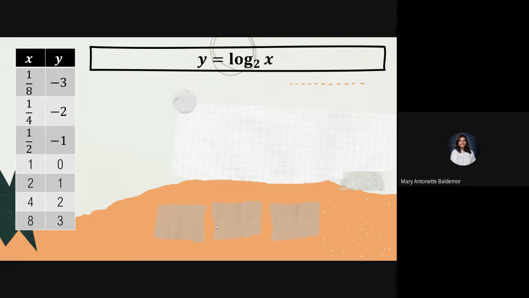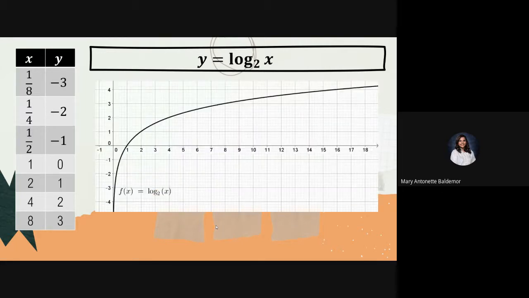Now, the graph looks like this one. As you can see, here's the graph of f of x equals the logarithm of x with base 2. If we're going to describe this one, the graph is increasing, and the graph is also asymptotic to x equals 0, or the y-axis.